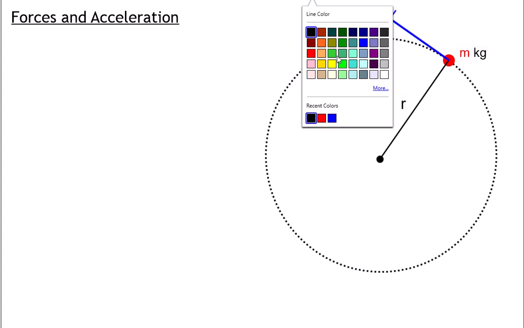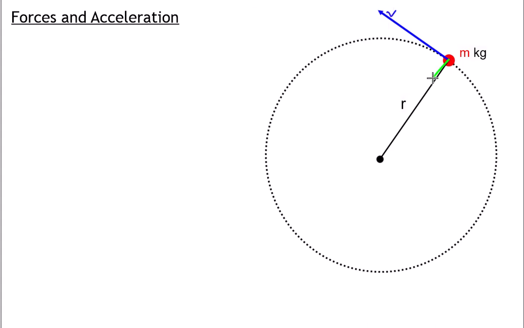So if you want to do a fresh diagram for this one, what we have at all times is a force acting inwards. I wish I hadn't picked green now. A force, which in this case, if it's a string, would be tension, but it's not always attached to a string. Sometimes it's like the friction of a surface. But there's always a force acting on the object, stopping it from flying off.